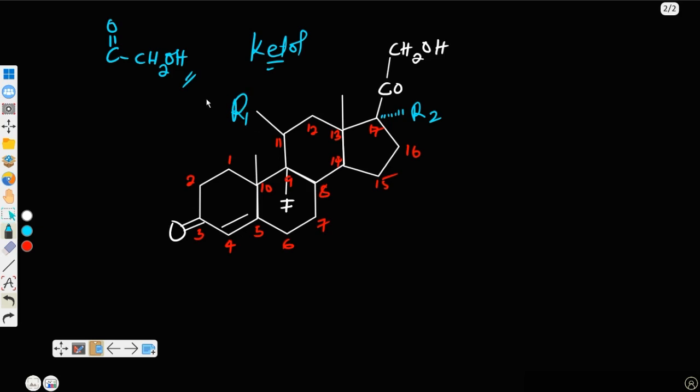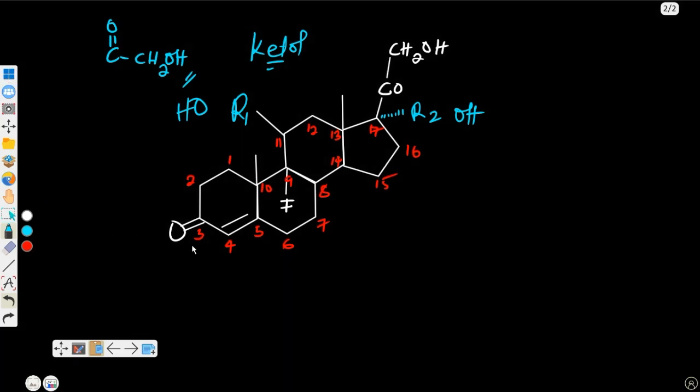While if R1 is OH, and R2 is also OH, you call it hydrocortisone. Then if you have fluorine at this position, then OH, you call it fluorohydrocortisone. Are you getting it now? This is just how they modified them and then gave different structures.